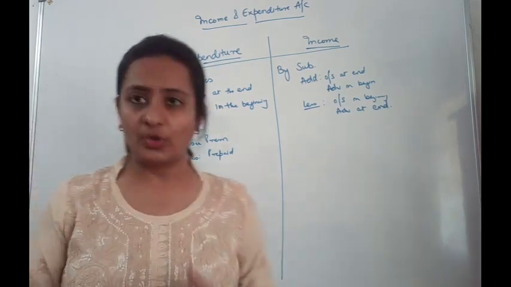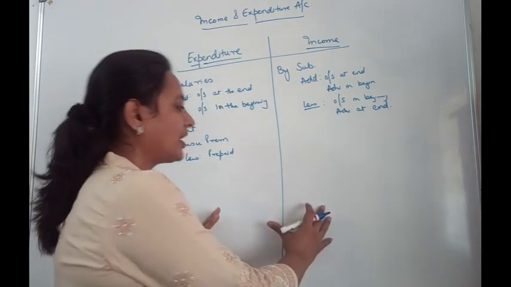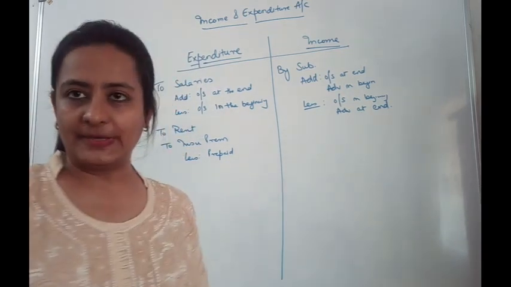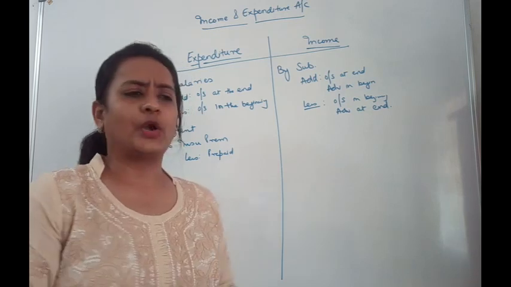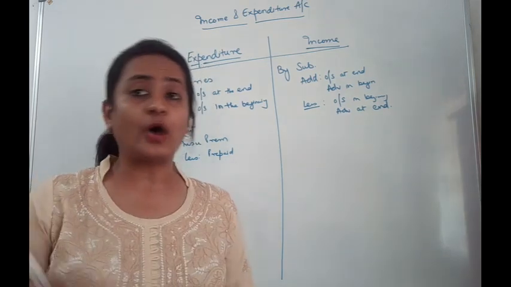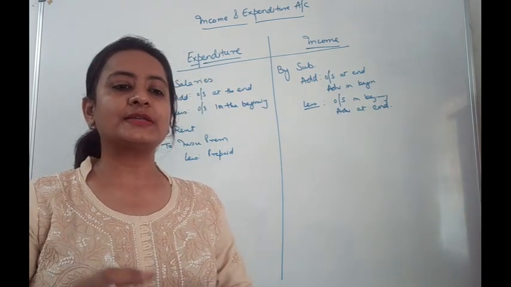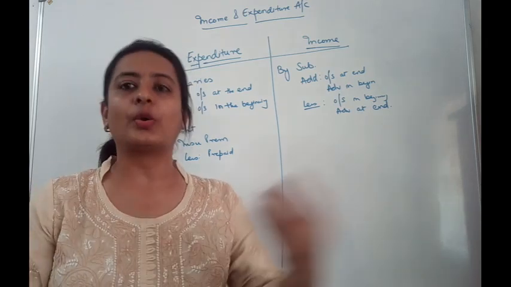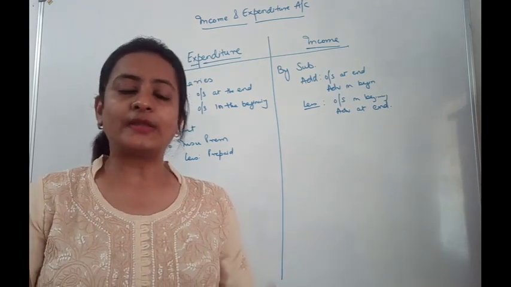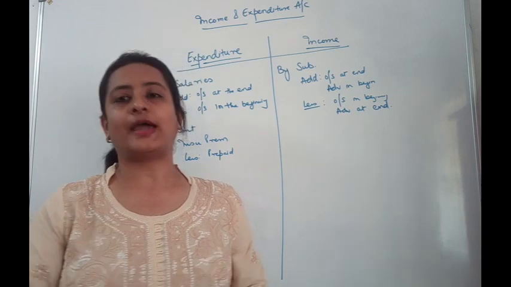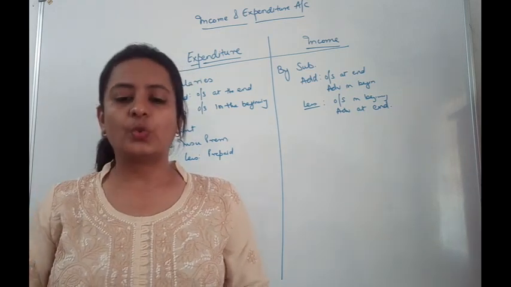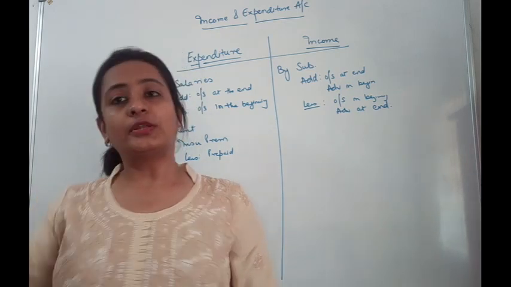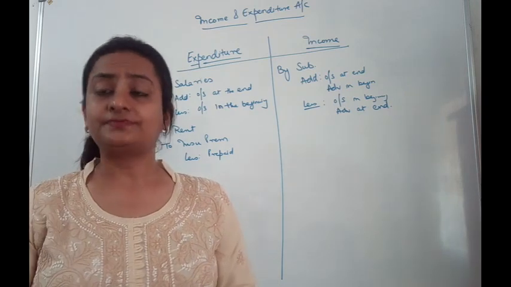So as we all know now, income and expenditure account is prepared on accrual basis. Very important is, see, receipt and payment account was prepared according to cash coming in or going out. We didn't bother whether the cash payment or the cash receipts that we were getting was related to this year or the previous year or the next year.